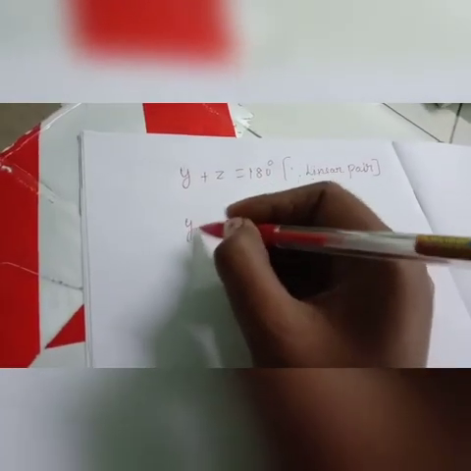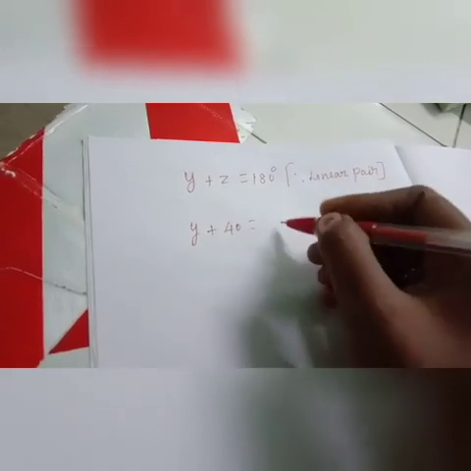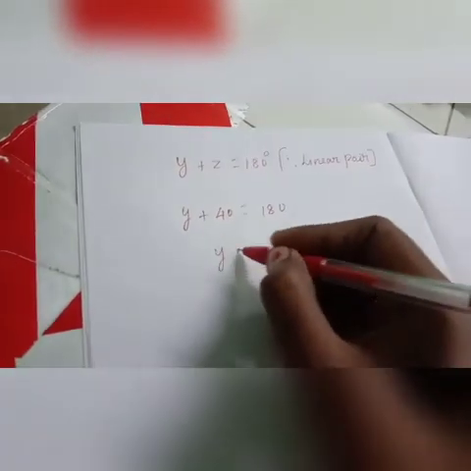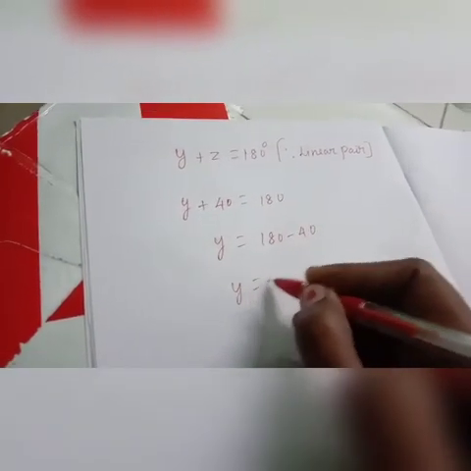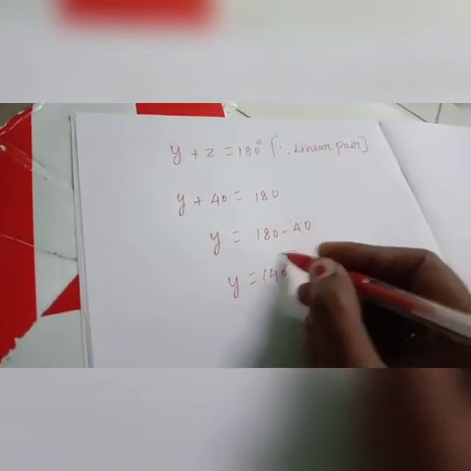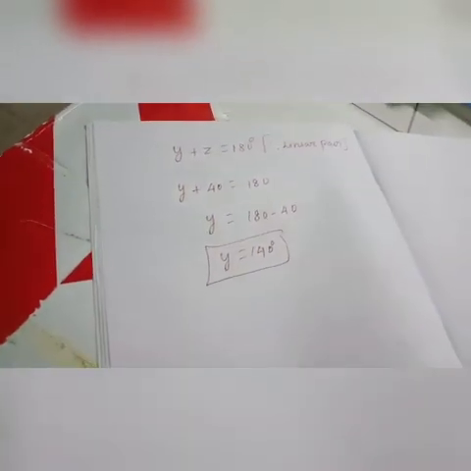Y value unknown, z 40 degree. Now we can find y. 180 minus 40. So y is equal to 140 degree. Now we found all three unknown angles value. Y value 140 degree, z value 40 degree, x value 115 degree.